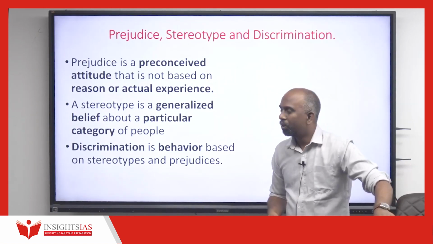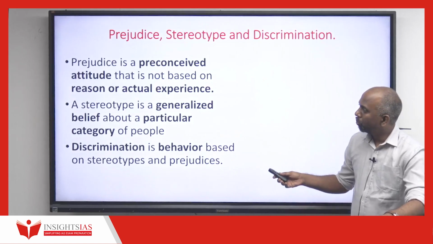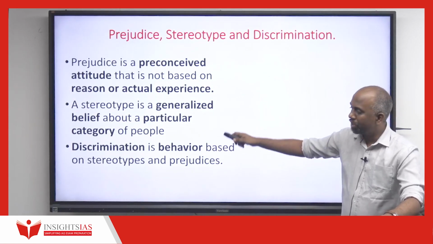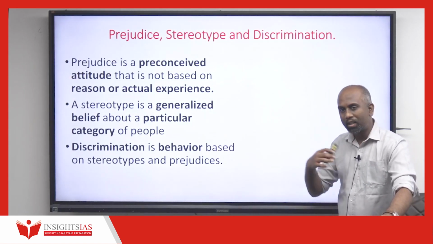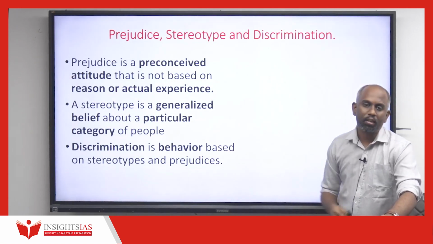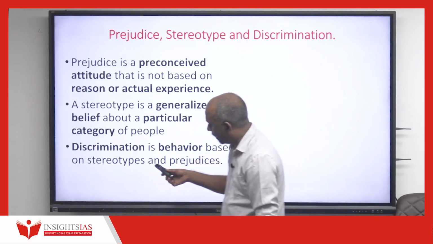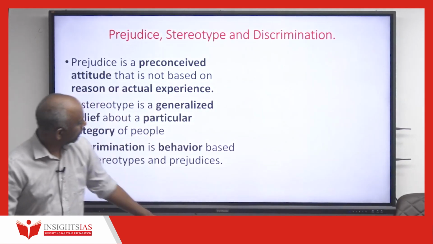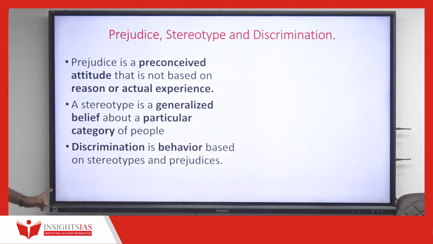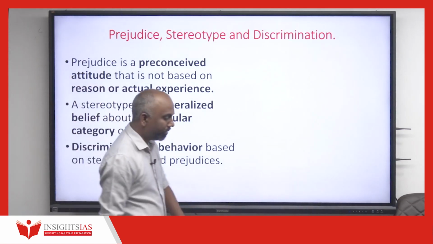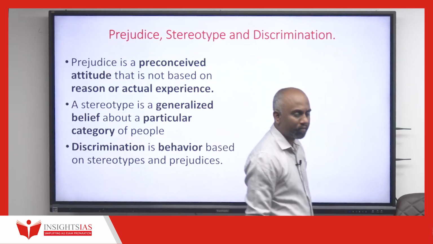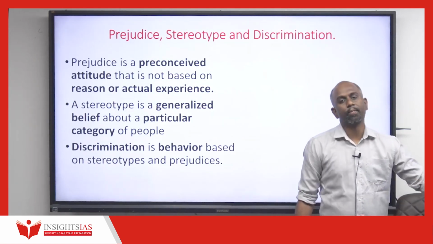Moving on. When you act on the prejudice and stereotype and showcase them in your behavior, that is when you face discrimination. Discrimination is behavior based on stereotypes and prejudices. What is an example of this? You have gender prejudice.